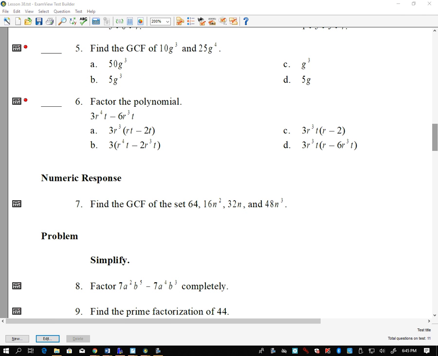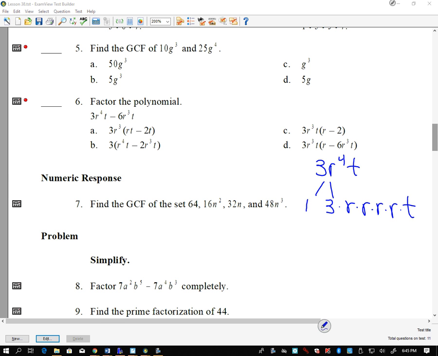Number 6, factor the polynomial. Okay. All right, again, we're going to take out the most that we can take out. 3 is already prime. So let's try to think of a way to show this. We've got 3r to the fourth t. The prime factorization of that is 1 and 3 times r times r times r times r times t.